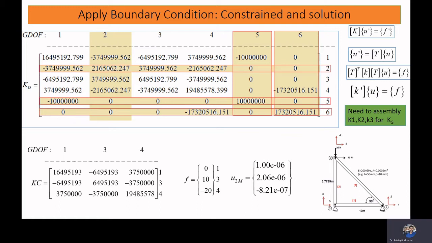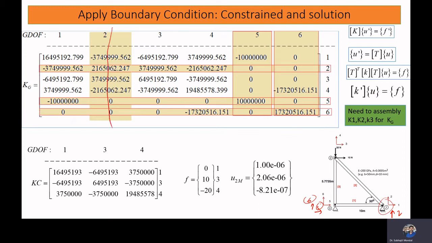So here we'll see which degree of freedom is constant. The second degree of freedom is constant because this is a roller support, and we have constant at the 5th and 6th degrees of freedom. So we are going to eliminate the corresponding row and column.